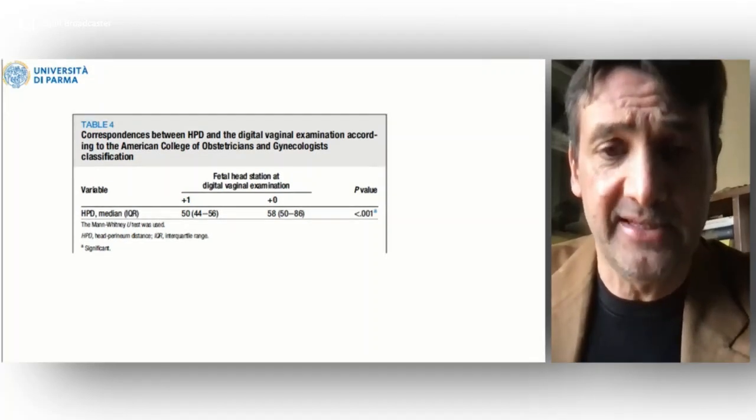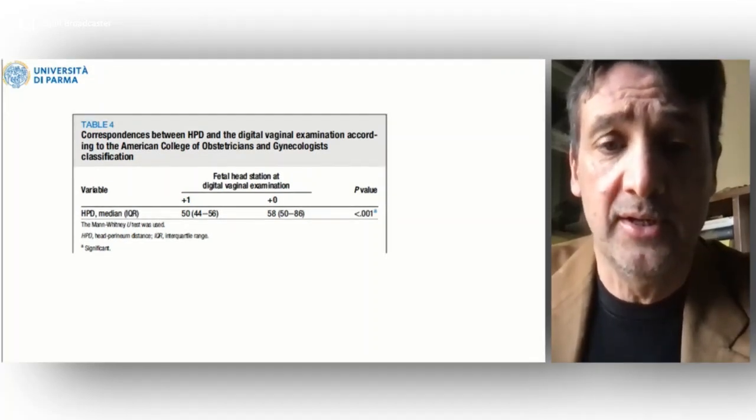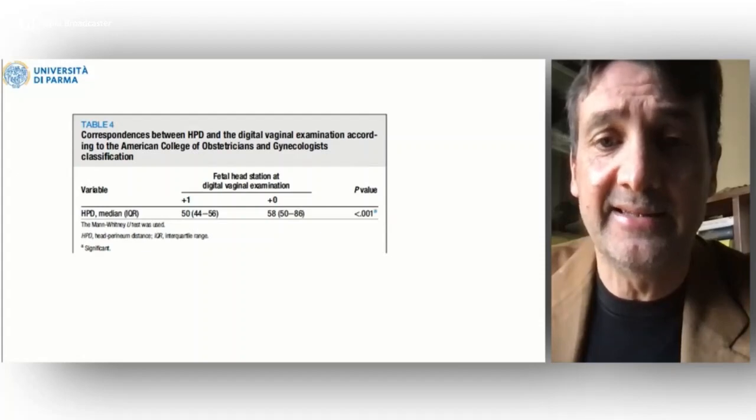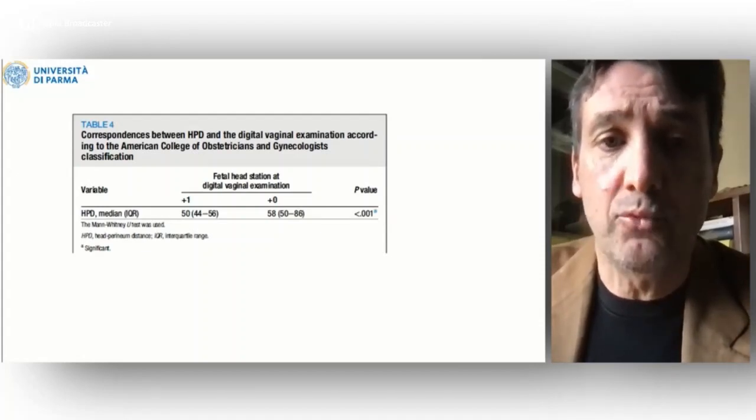If you see the interquartile range of the measure of a fetal head engaged at clinical examination, there are a lot of measurements, 25%, that are definitely above the level of 0. That means that most of the time with the digital examination, we think that the fetal head is engaged, while in fact it is not engaged.